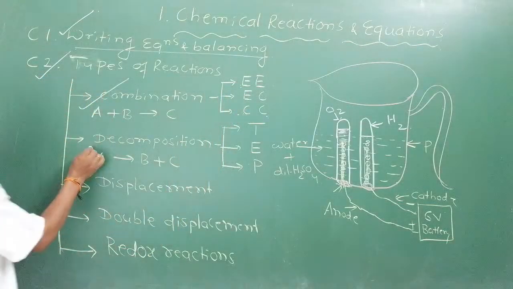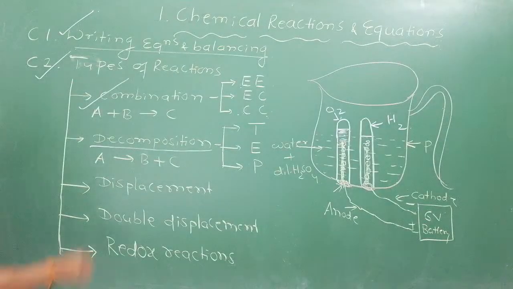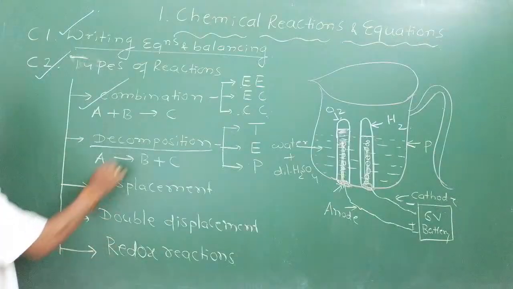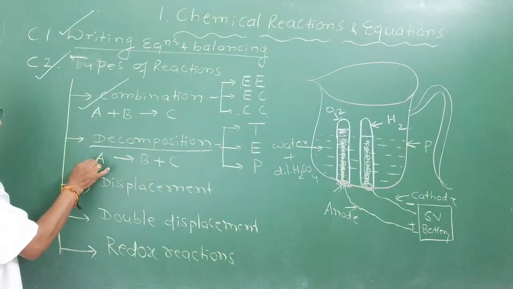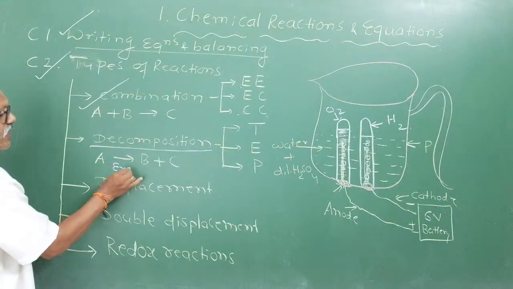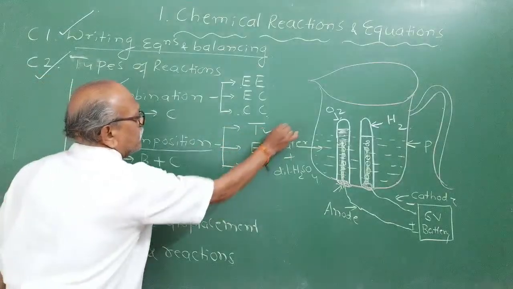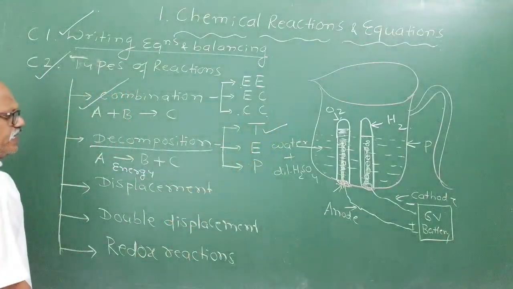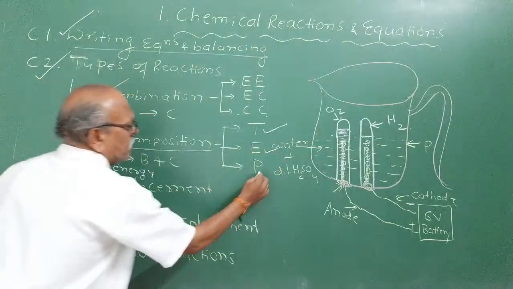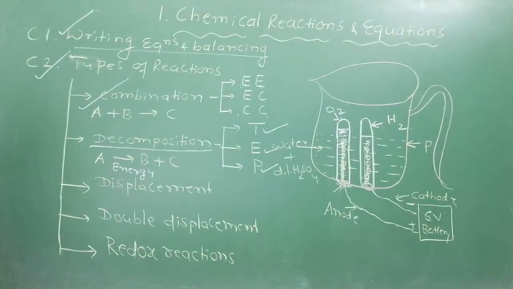Then you started studying decomposition reaction. This is the reverse of the combination reaction. The reaction in which a single reactant decomposes by absorbing some energy, either in the form of heat, thermal decomposition reaction, T; E by electrical energy; P for photolytic decomposition reaction.